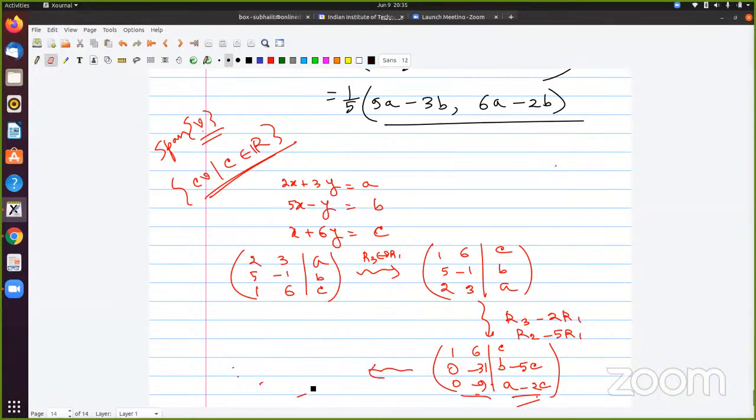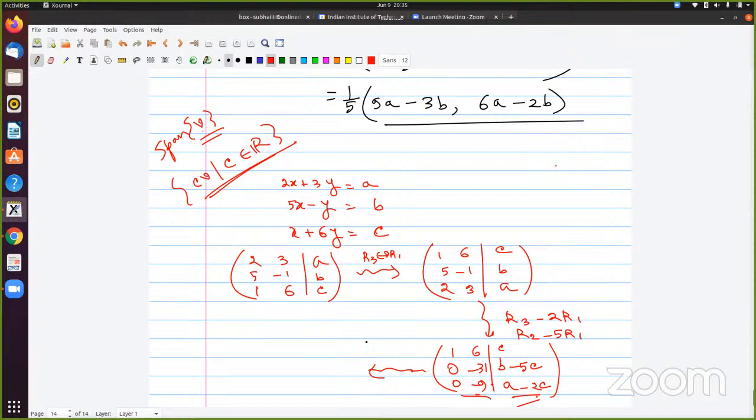Then what should we do? Two possibilities for y. First, tell me, get to the row echelon form, no?